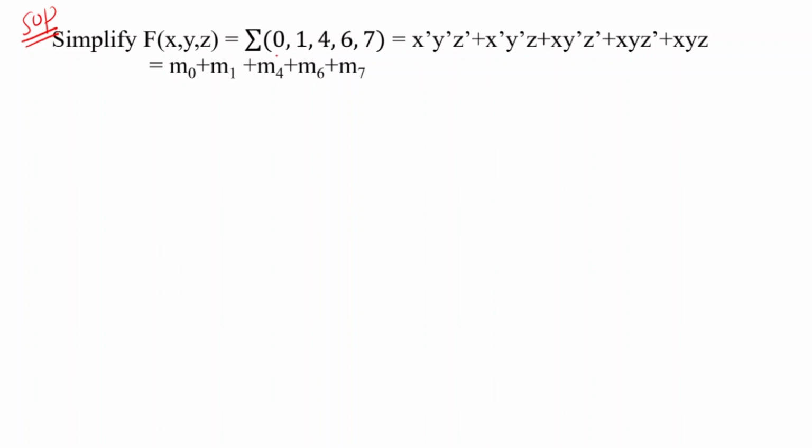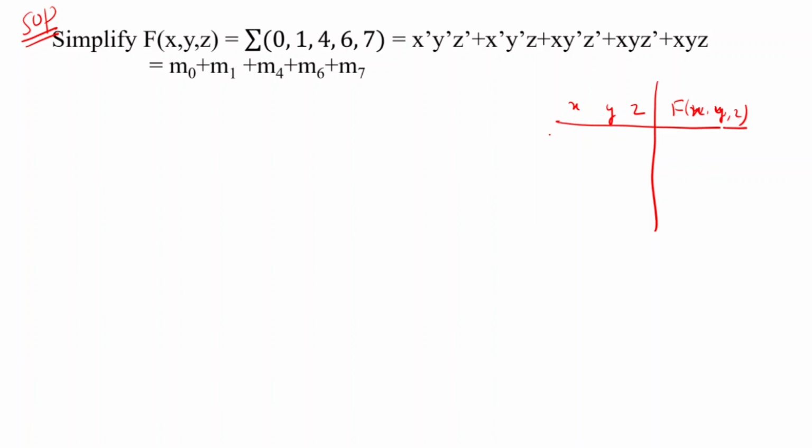When we convert it into the form of a truth table, what will be the truth table of the function? There are 3 input variables x, y and z, and for these possible combinations this is the function value f of x comma y comma z. Here what are the possible input combinations?